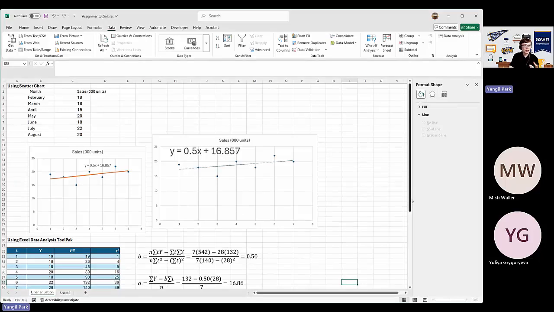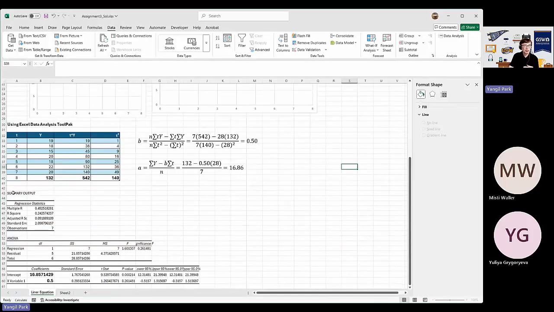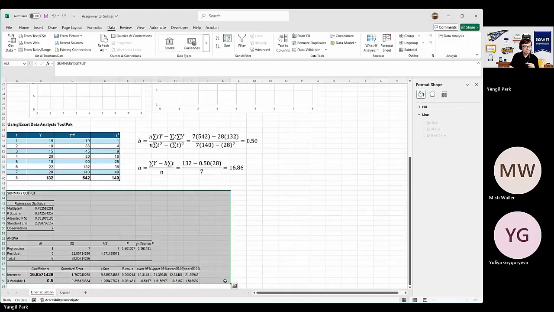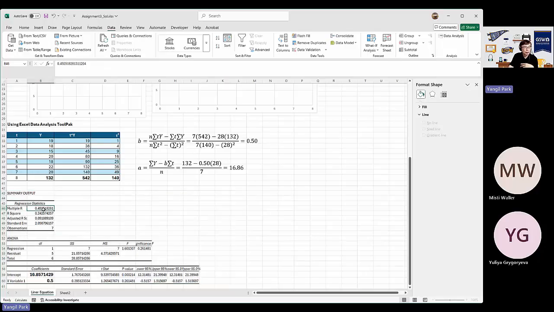Then this is what you get, just like your statistics output. What we are looking for is not the regression statistics or ANOVA and all that. We are looking for the intercept and the coefficient for X, which is 0.5 and 6.85, so that you confirm the intercept and slope right away.